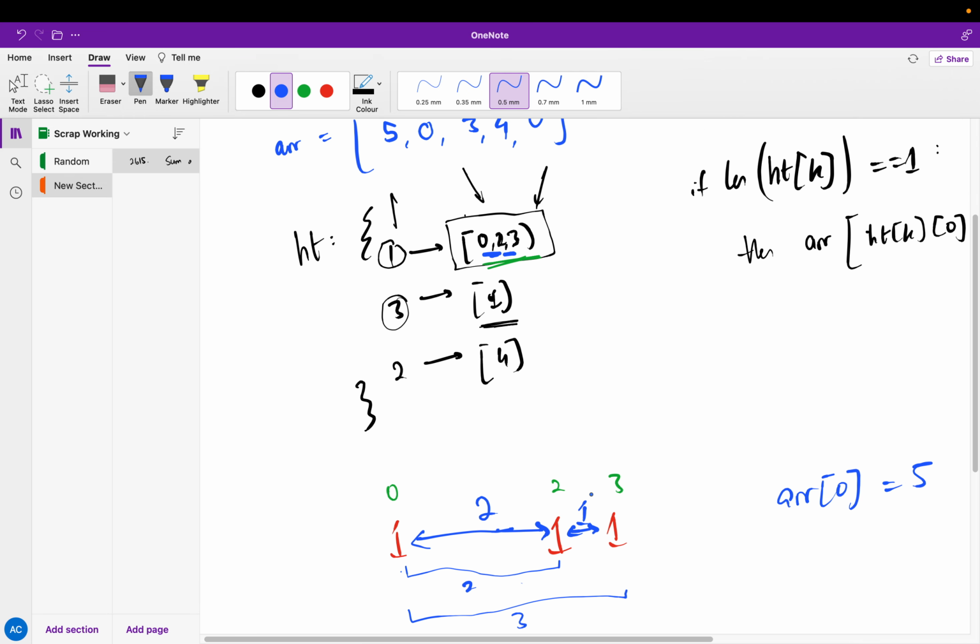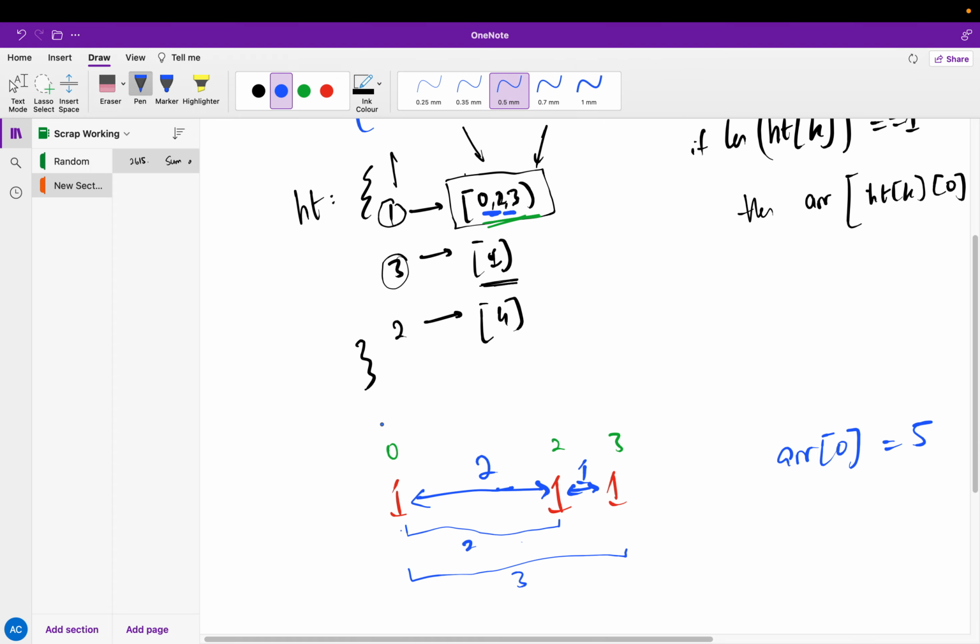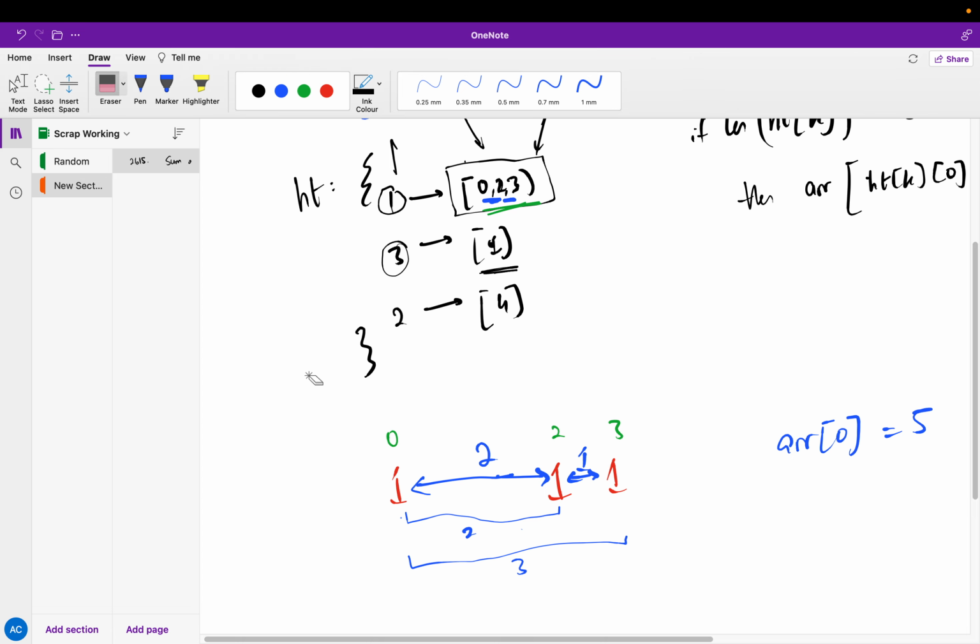We'll see. And then let's say, if we focus on index 2 now, this is the 2 and this is the 1, so you get 3.